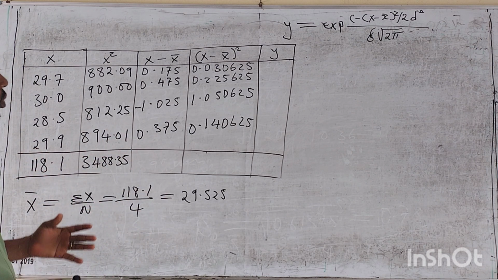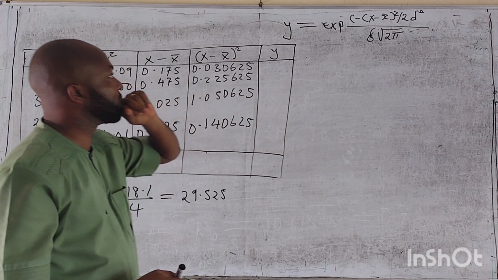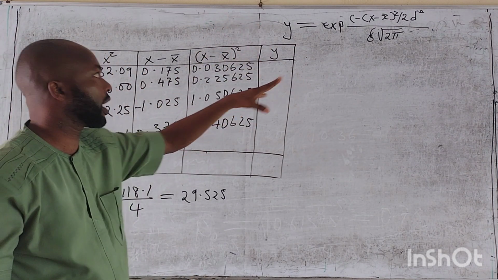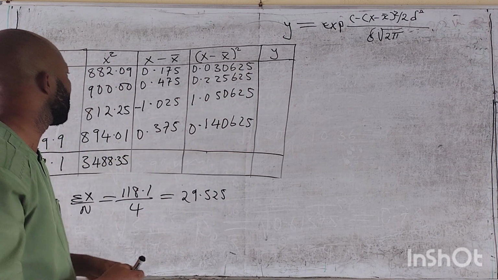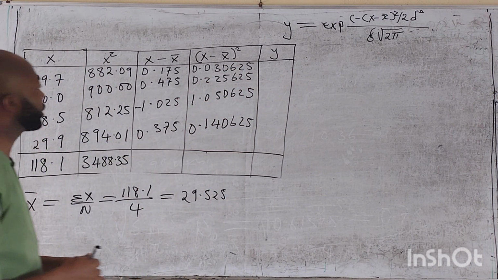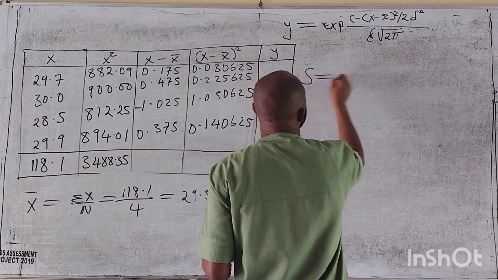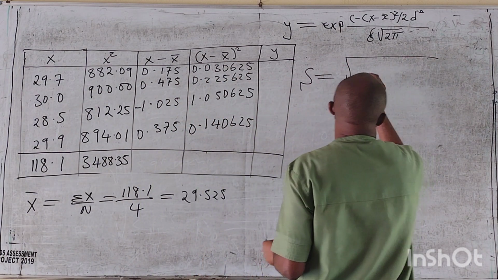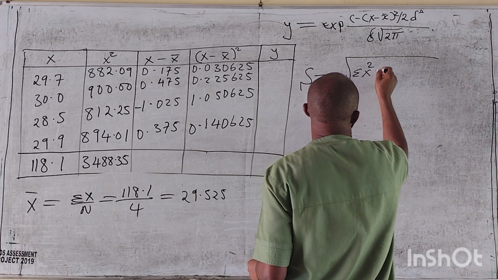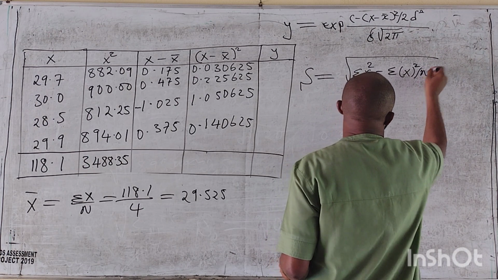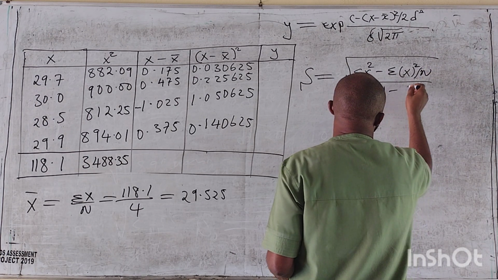Now we want to know what our standard deviation is, so that when I substitute these variables into the formula, at least I know what the standard deviation is. So let's take the standard deviation now to be equal to the root of summation x squared minus summation x squared over n, all over n minus 1.